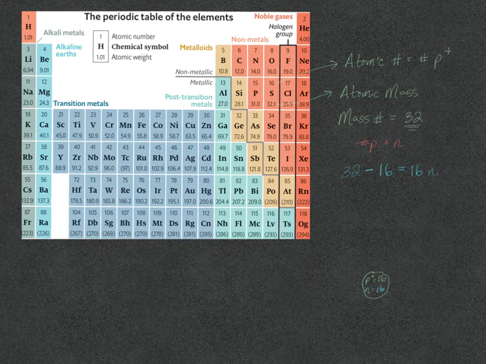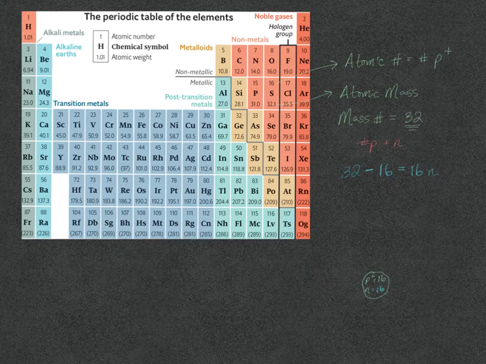On the periodic table, all of the atoms of the elements are considered to be neutral, meaning that they have no charge, so their net charge is 0. Remember that protons and electrons contribute to the net charge. So if this atom of sulfur has 16 protons, for it to be neutral, it has to have 16 electrons.